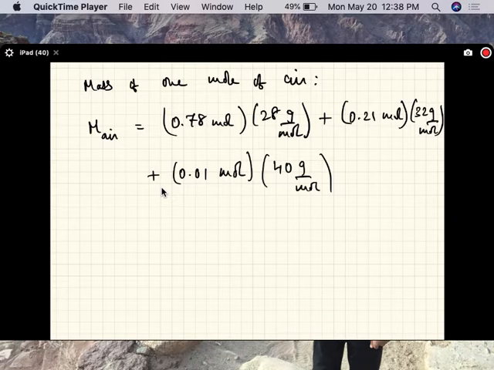So 1 mole of air weighs that much. That's what those numbers are.